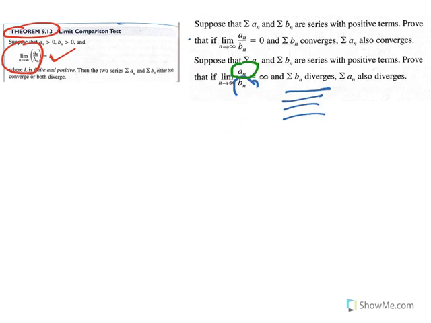And that's basically the logic that you would employ to prove this particular variation of the limit comparison test, once again relying on the direct comparison test.